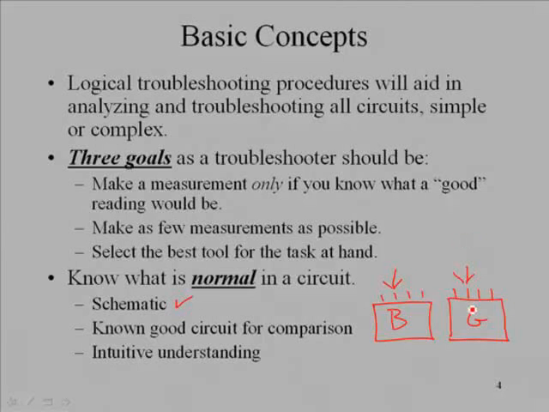So a known good circuit is a good way to know what is normal in a given circuit. And then finally, there is simply intuitive understanding, which usually comes with time. A given technician will be able to look at a box and intuitively have a sense of what is wrong. Oftentimes this is based upon experience.